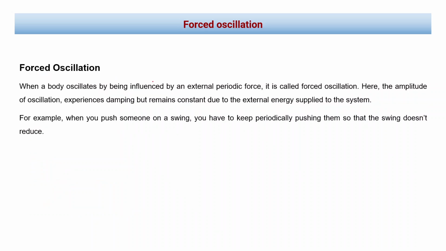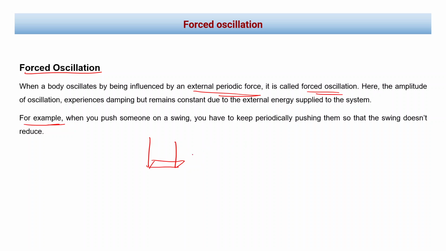Now the third type is forced oscillation. In this, a body oscillates by being influenced by an external periodic force, and this is called forced oscillation. A good example that we see around us is when a person is on a swing and her friend, after a certain time, pushes the swing so that the swing keeps on moving.